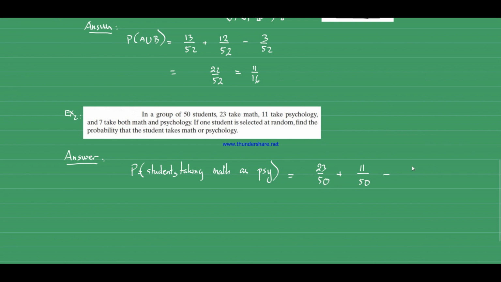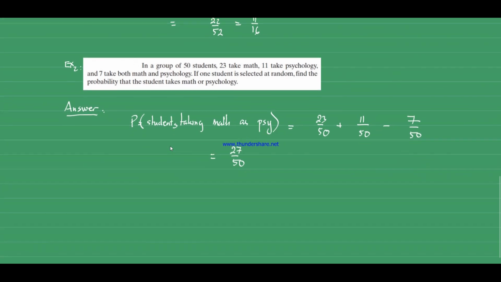Then you subtract 7 over 50. So you're going to end up with which one? We have 23 plus 11, which is 34. 34 minus 7 is 27 over 50. Okay, so if you go ahead and put it into the calculator, then you can calculate the percentage.